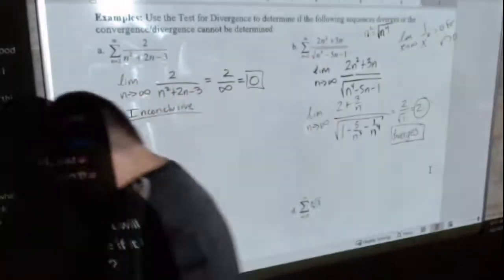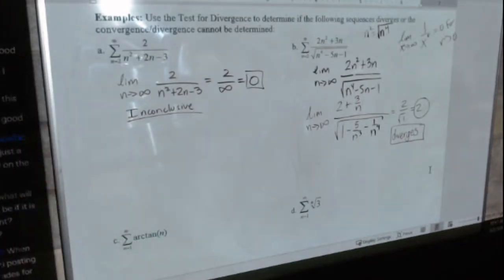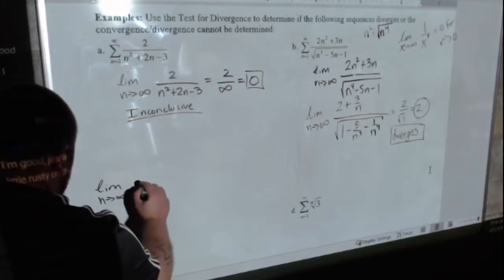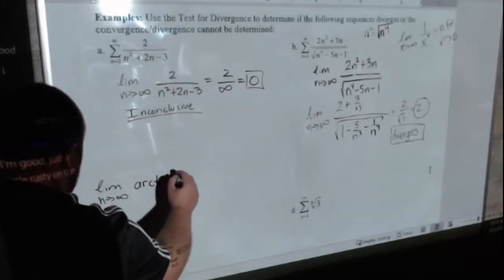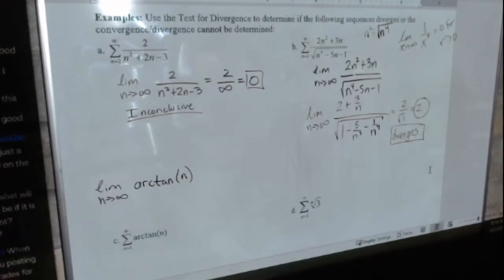The next one is this arctan. So we would take the limit as n approaches infinity of arctan. Now we may not know what happens to that function as n approaches infinity, so what I suggest is graphing it.